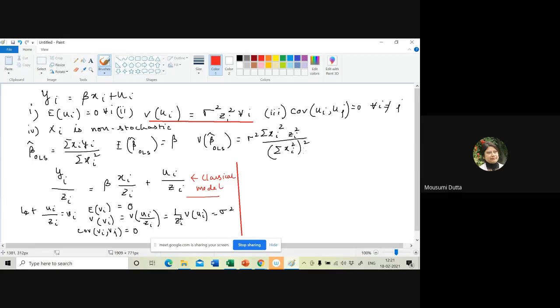Anyone tell me what will be the value of beta hat GLS or beta star GLS? The estimated value I am marking by star. So treat Yi by Zi as Yi and Xi by Zi as Xi, and tell me what will be the value of beta star GLS or beta star WLS.